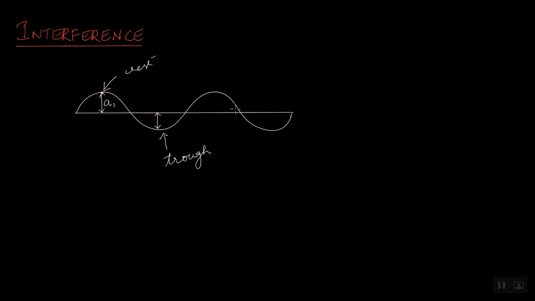All right. Now, suppose you have two waves coinciding at a point. If two waves coincide at a point, it may coincide in this manner.